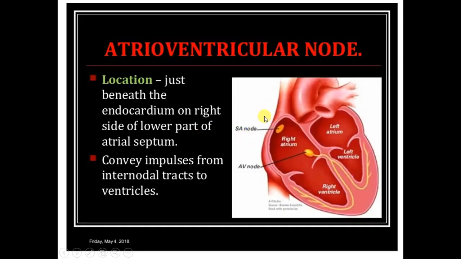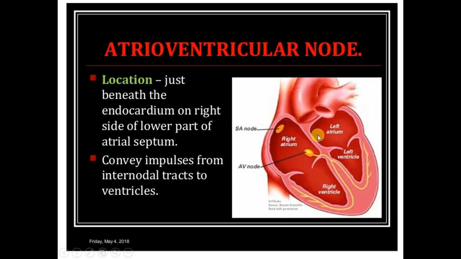Now the atrioventricular node. First of all, its location is just beneath the endocardium on the right side of the lower part of the interatrial septum. So here we see the interatrial septum. On the right side of this interatrial septum, under the endocardium, is located the atrioventricular node.